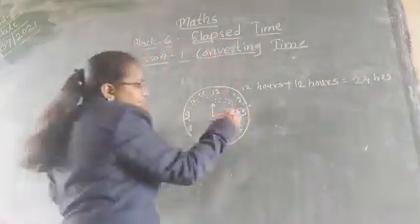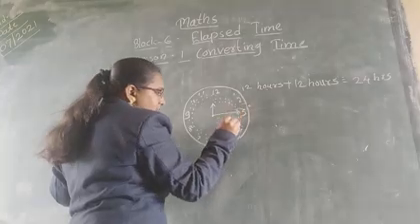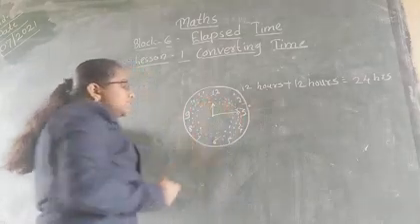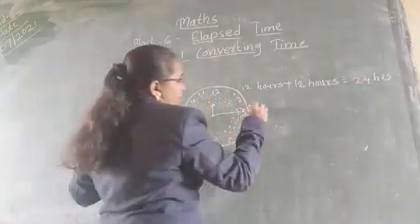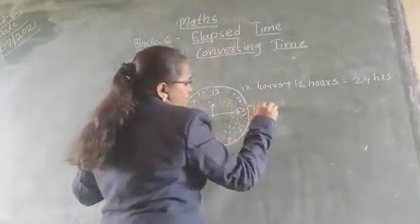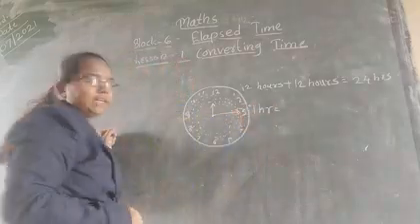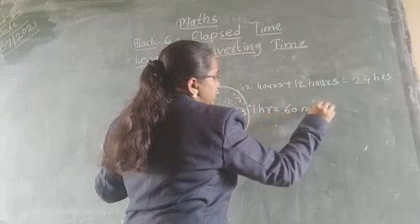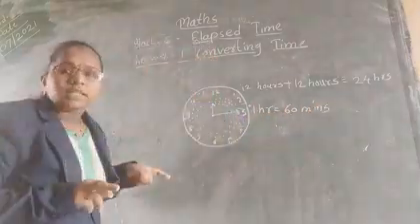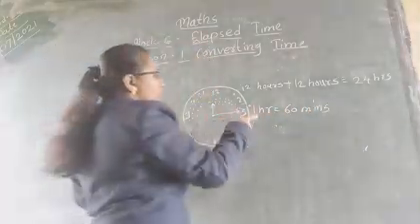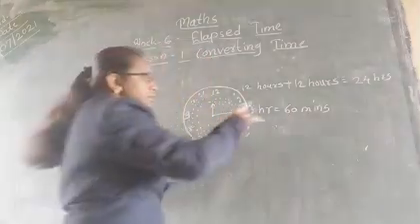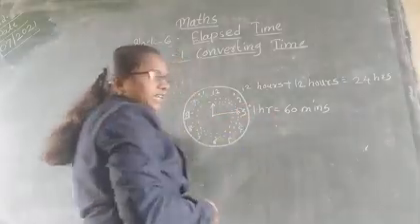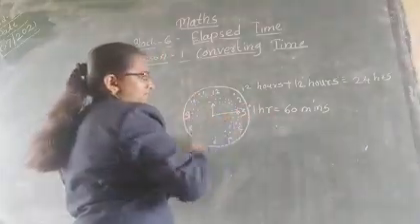Now, when the minute hand completes one circle, it forms 1 hour, and it completes 60 minutes. Means it is clear that 1 hour is equal to 60 minutes and 60 minutes is equal to 1 hour.